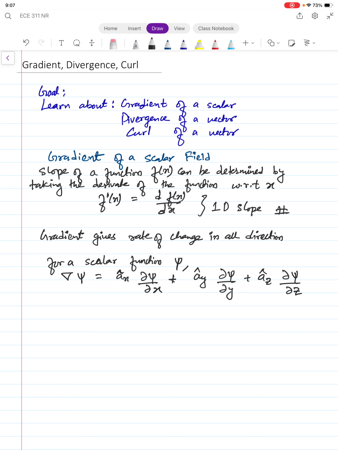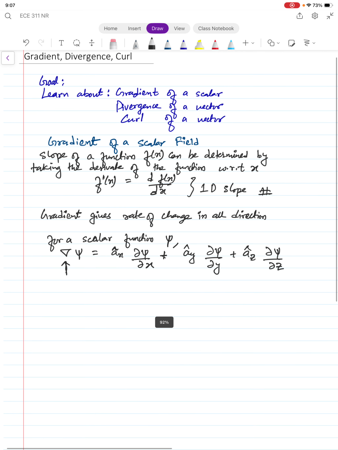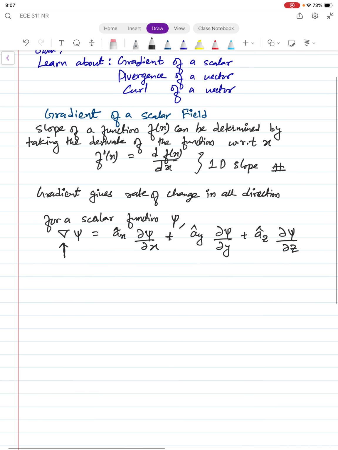Okay, now you might have a question, what is this inverted triangle? This inverted triangle is called nabla or del operator.